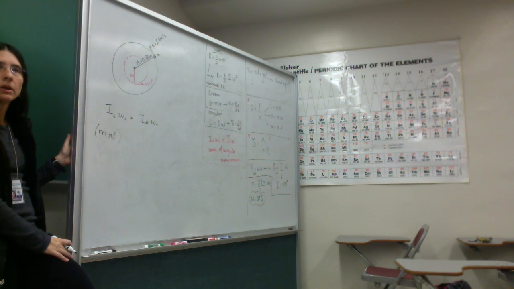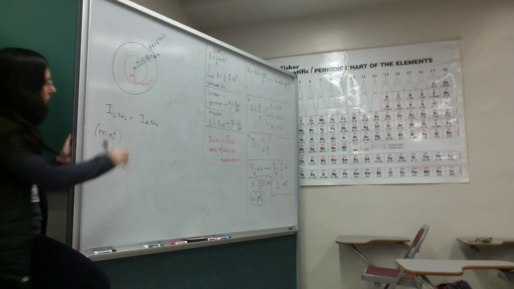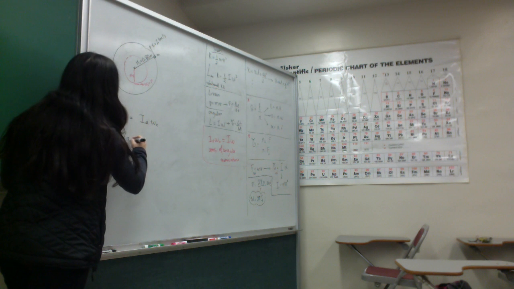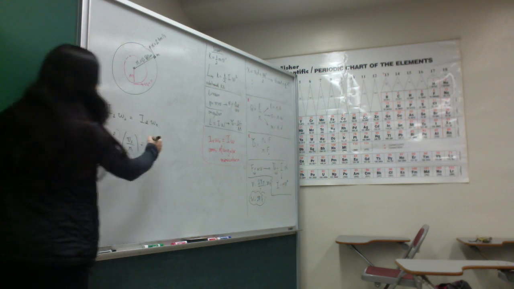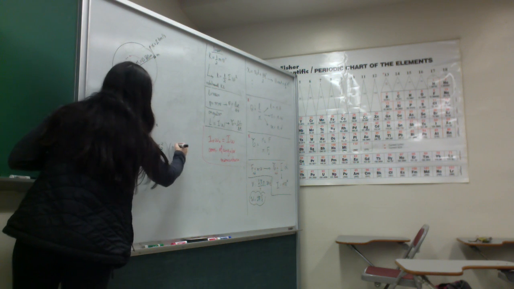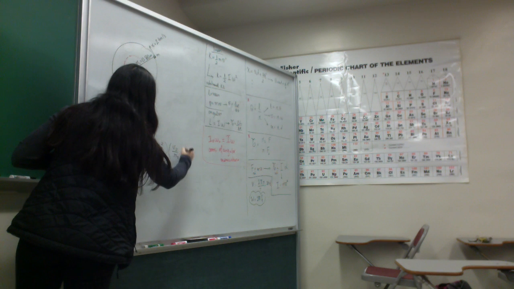What else? They didn't give omega, right? But they gave us v. v1 over r1. And on the right, same thing. m r2 squared, v2 over r2.